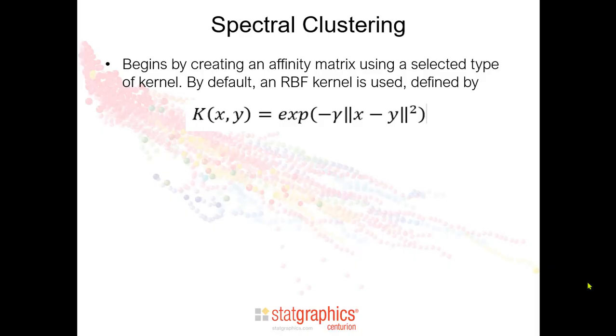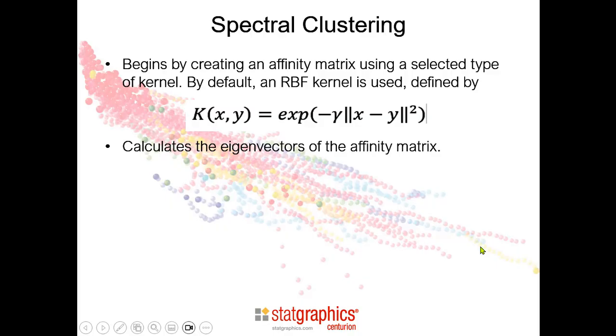The last type of clustering method I'd like to talk about is called spectral clustering. Spectral clustering begins by creating an affinity matrix. An affinity matrix measures the similarity between two multivariate observations, for example, x and y. By default, a radial basis function kernel is used, defined by the equation shown here. It's basically e to the minus gamma times the squared Euclidean distance between x and y.